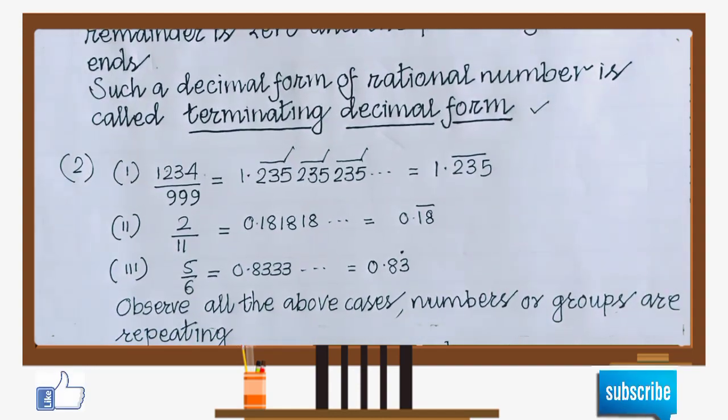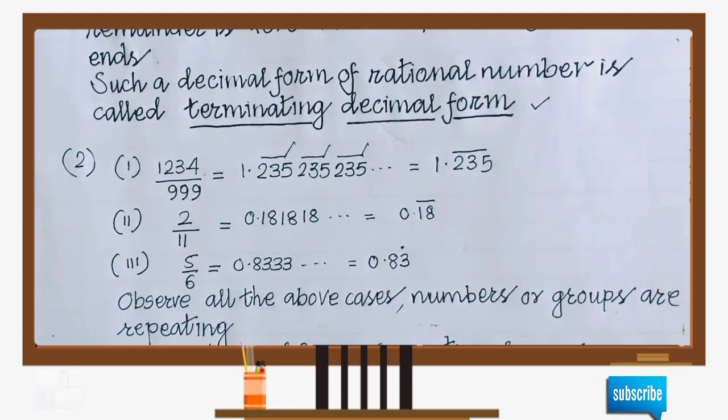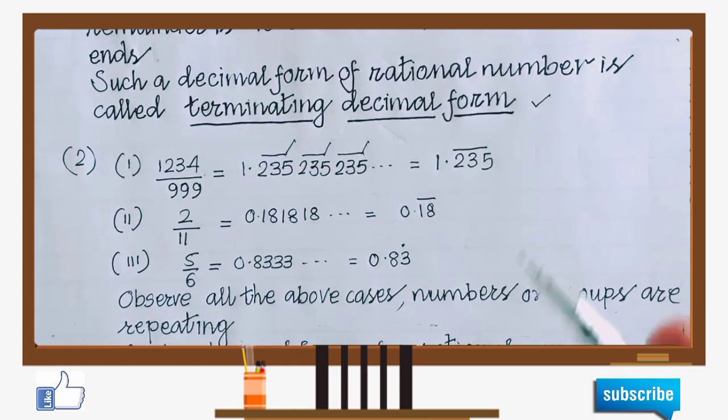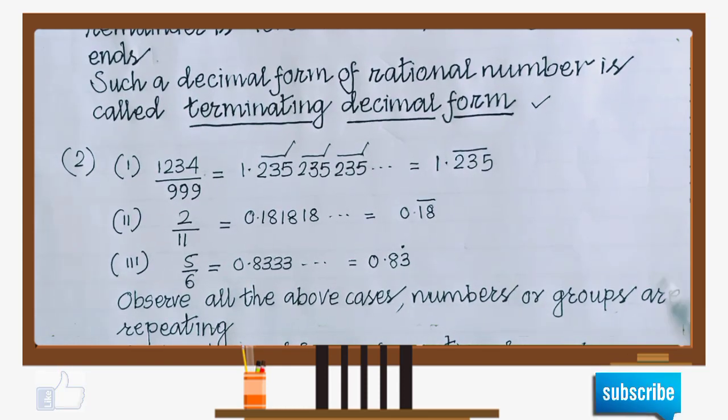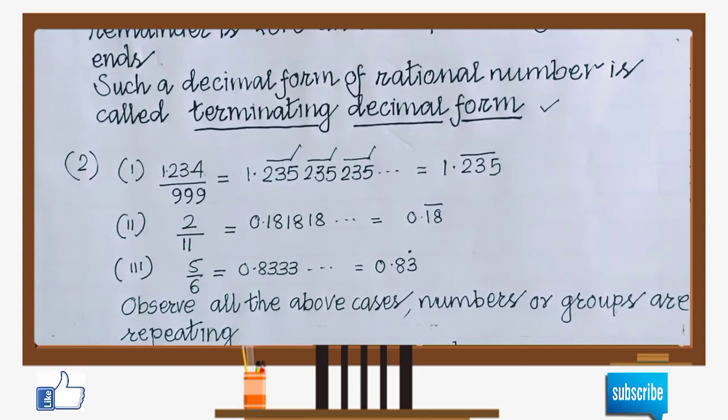In such a case, you are finding that the remainder is not 0, means the process of the remainder never ends, रुकती नहीं है, continuously आती आ रही.